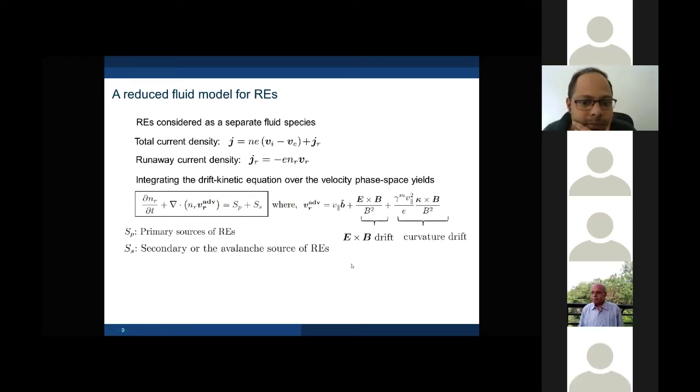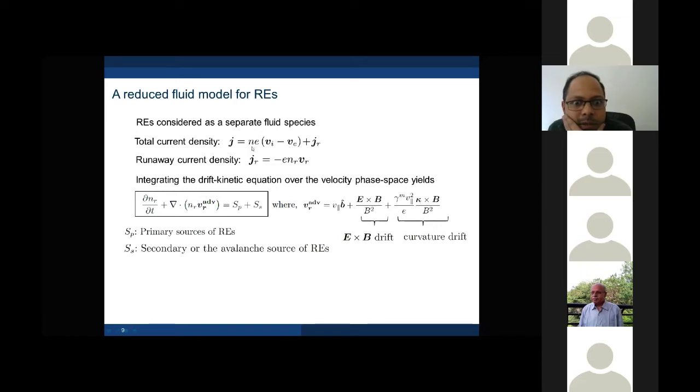I would give a brief overview of how equilibrium changes in a tokamak plasma when we have relativistic electrons. This I show by one kind of reduced fluid model for relativistic electrons. In this case, the total current density J is assumed to have two components, one by the background plasma where we have the ion velocity and electron velocity.